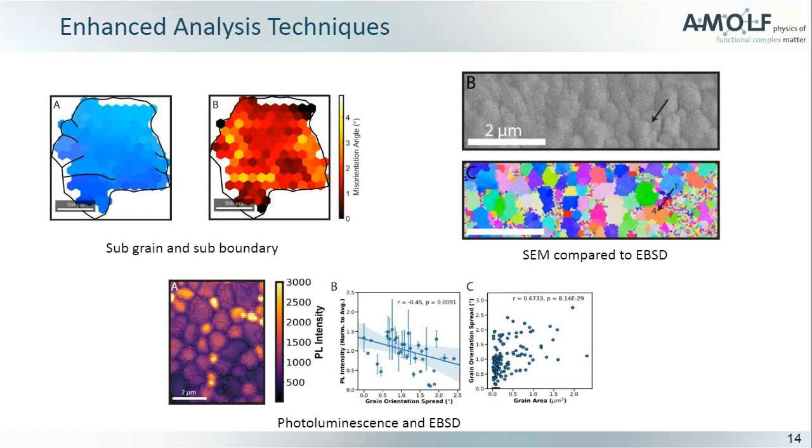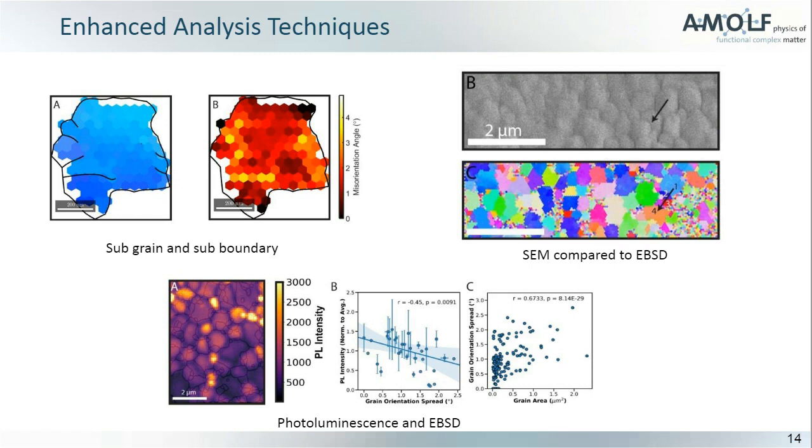So this is something we can see from SEM. And also, if we compare the SEM image with the EBSD, we can see some grains in SEM are actually not one single grain. Actually, it has a few different orientations within this one grain.